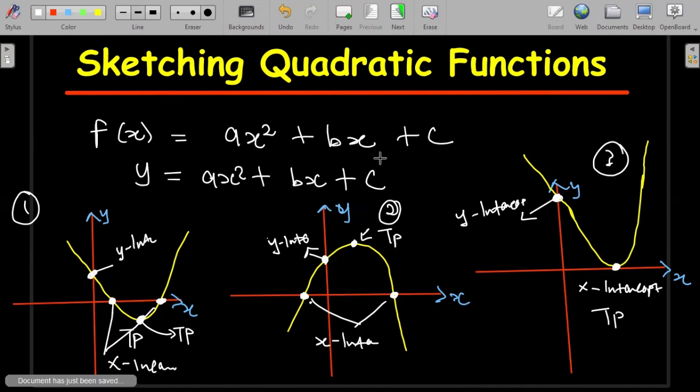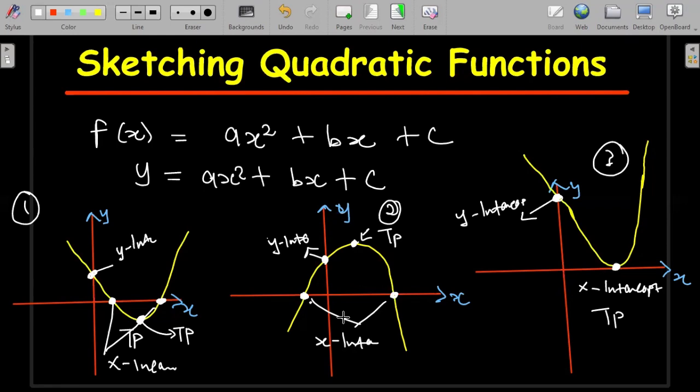And then 3, you need the turning point, where the curve is going to turn. If it's going up, where is it turning to start going down? If it's going down, where is it turning to start going what? Up. Okay, so you always have the y-intercept and you always have the turning point. But the x-intercept, in some cases, we are going to see that there will be no x-intercept.